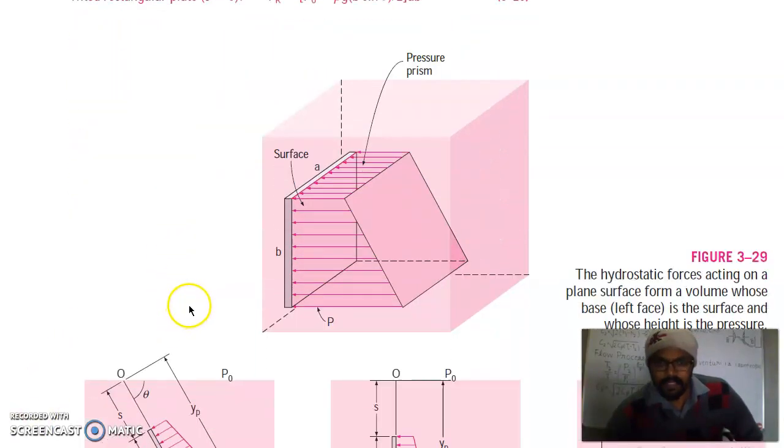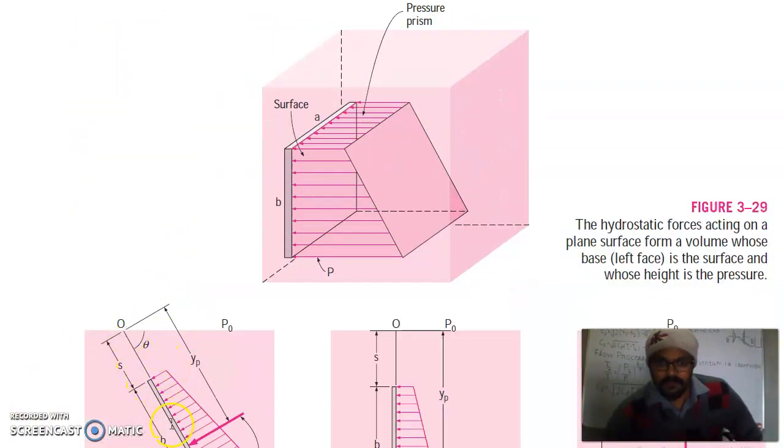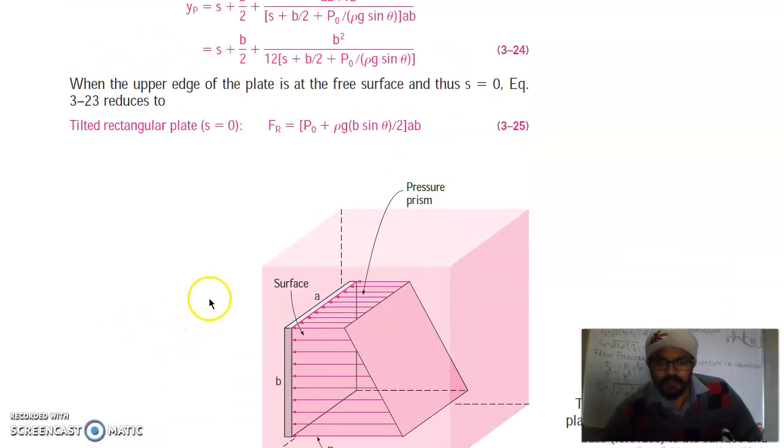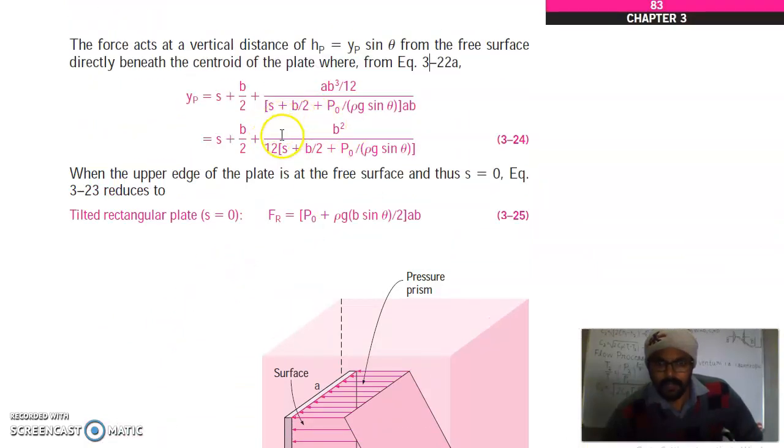Now if the plate is at the surface, if s is 0, meaning the plate is lying just below the surface, then s becomes 0 here. By putting s equal to 0, the equation reduces to Fr equal to P naught plus rho g b sine theta by 2, times ab.